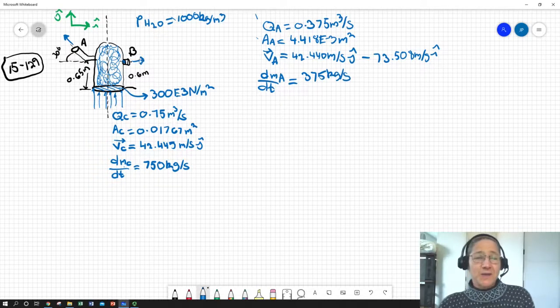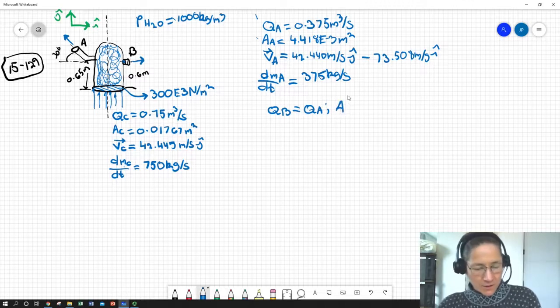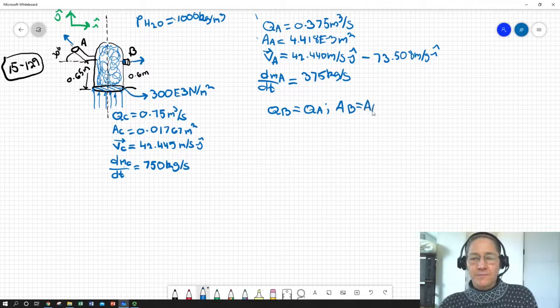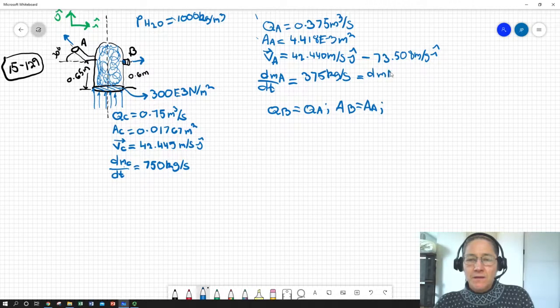And last but not least, we can do the same thing with B. We've got Q_B equals Q_A, and I believe the area of B is the same as the area of A. So from that we're going to have the same mass flow rate, dm_B/dt.